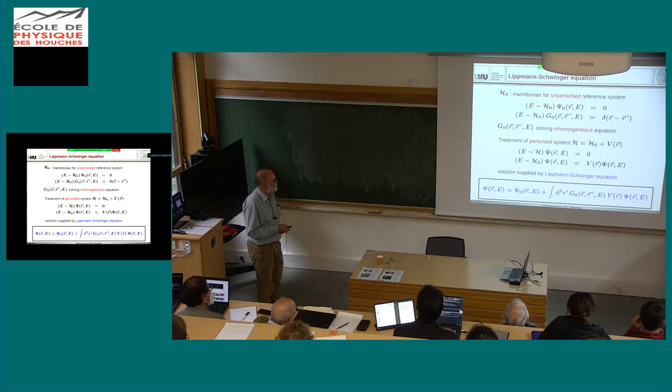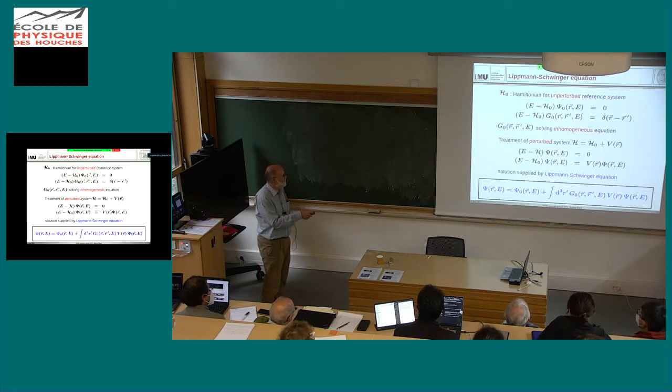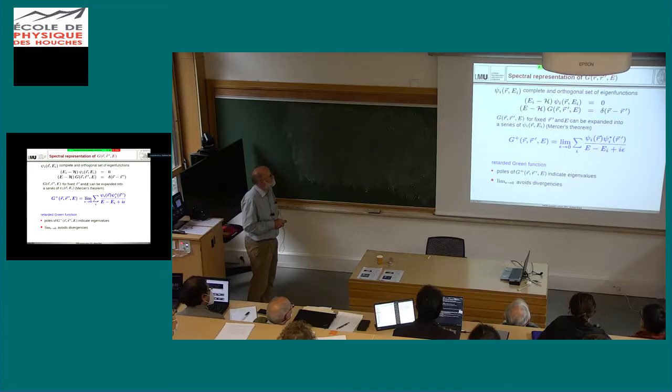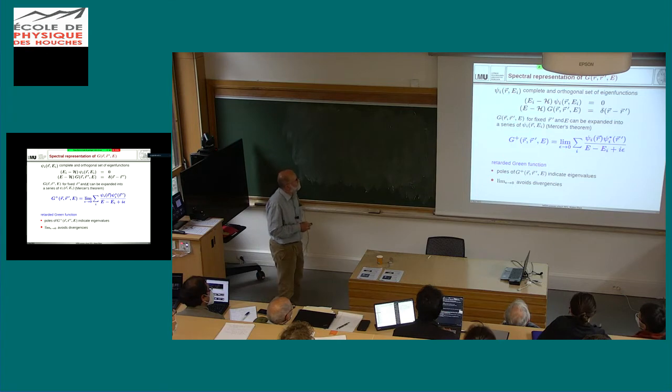But of course it has one unnice feature. You solve to get that function, but it shows up also here, and this is of course a problem we have to handle. But before we come to that point, let me have a look at some properties of the Green's function.